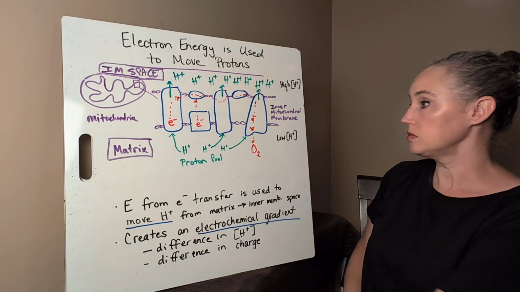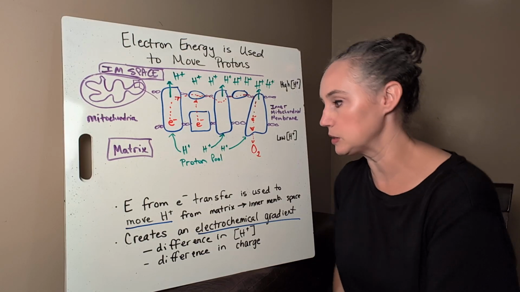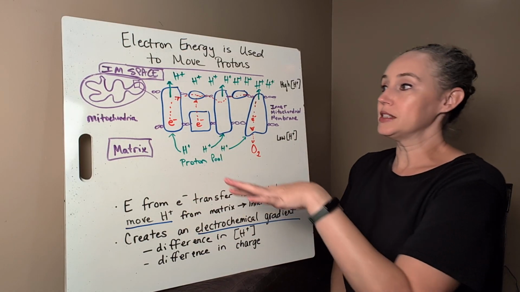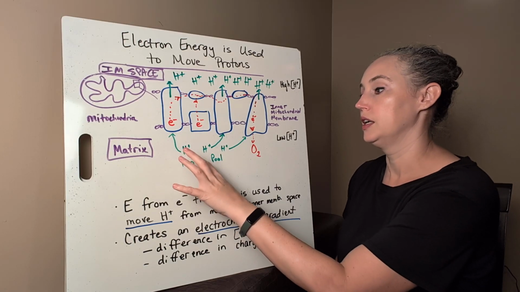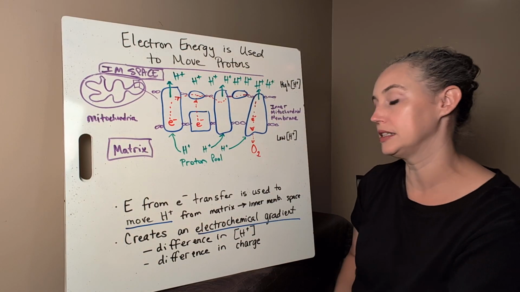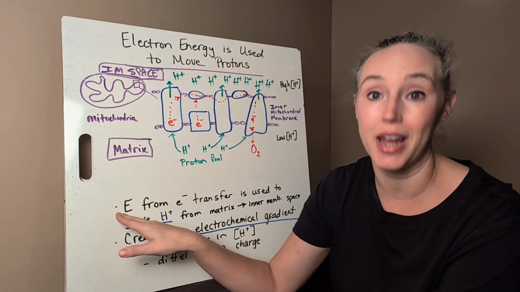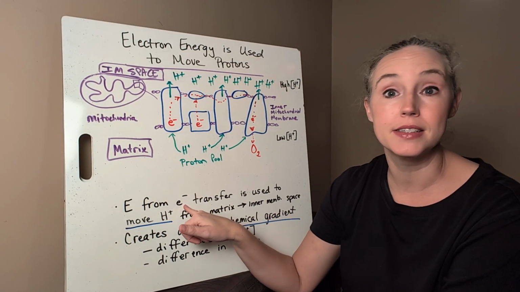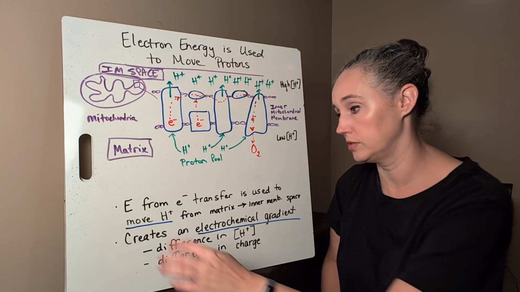Again, here's our electron transport chain of proteins. Now you can see I've added the protons. We have protons in the matrix and protons in the intermembrane space. Big E stands for energy, and little e minus stands for electron, if you're writing this out.